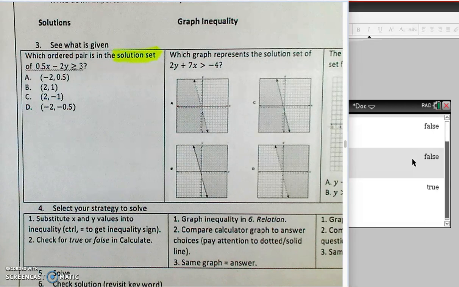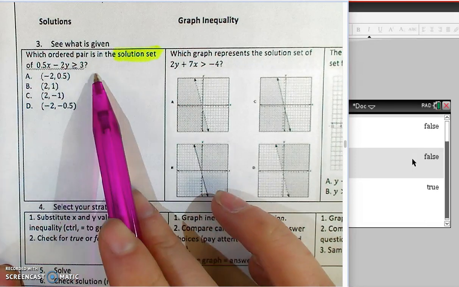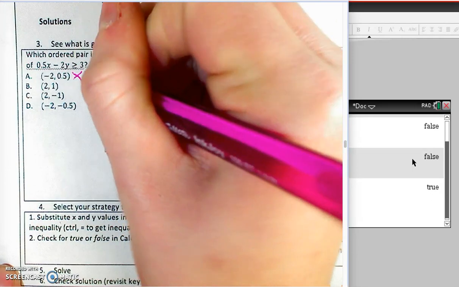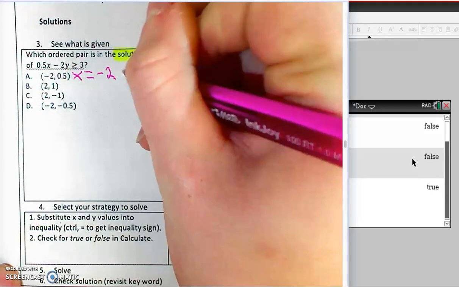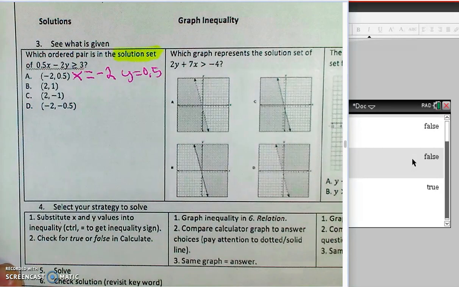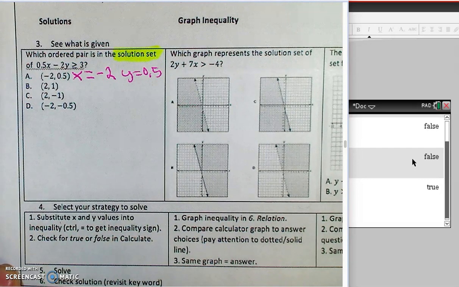The first step is to look at your answer choices and determine what is x and what is y for each. For A, we're going to label x equals -2 and y equals 0.5. I'm going to do this for each answer choice so I know what I'm substituting into my inequality.